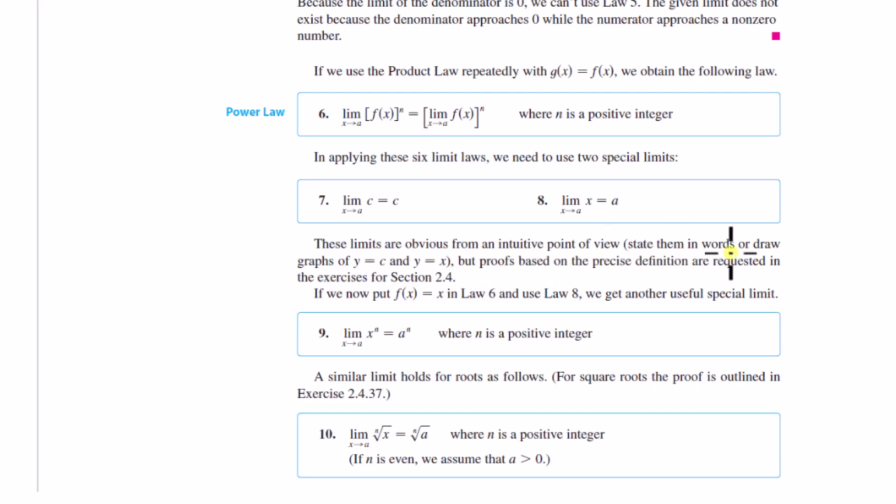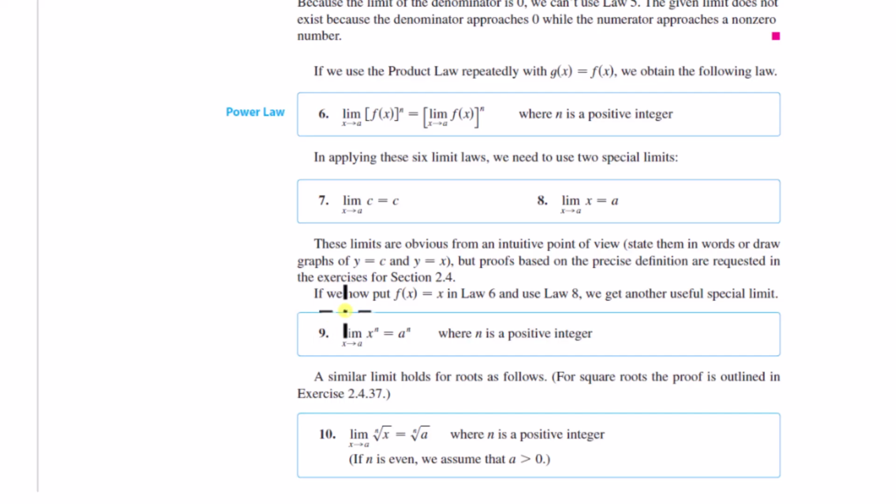If we state them in words or draw the graphs of y equals c and y equals x, they make sense. But proofs based on the precise definition are required in the exercises for section 2.4. So yes, they'll go through official proofs of these, but intuitively, if we think about the graphs of y equals c and y equals x, these make sense.